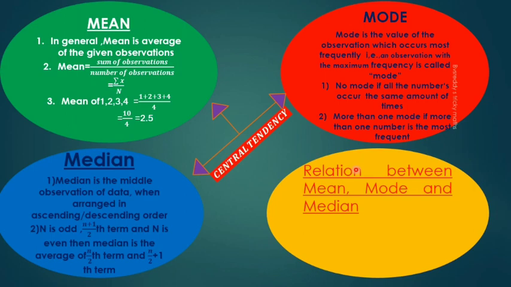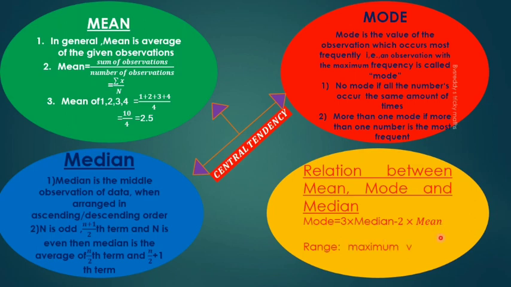You write: mode equals 3 into median minus 2 into mean. So in this way, if any one of the three is not given, by this formula we can find the remaining one.